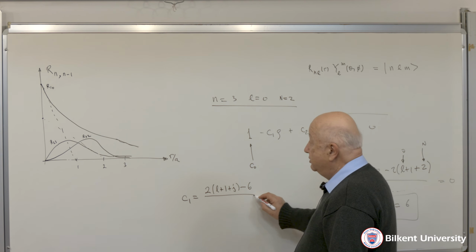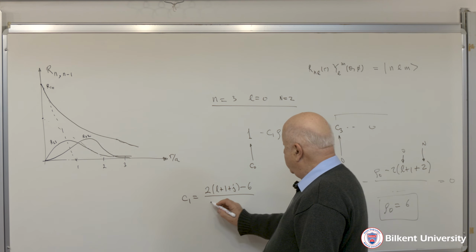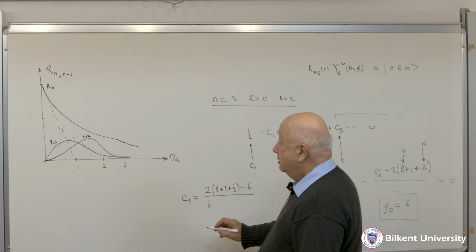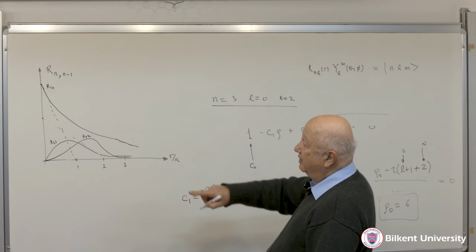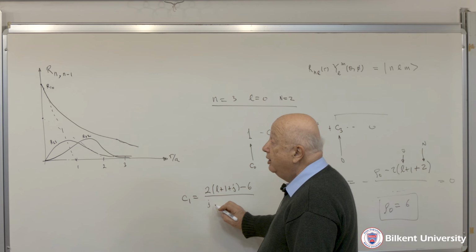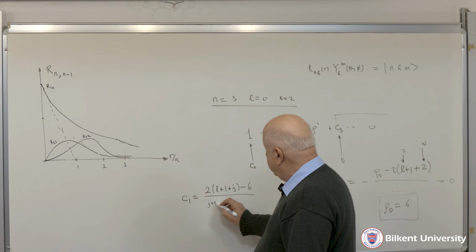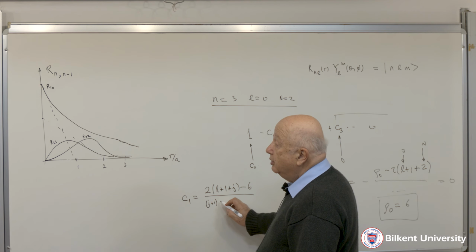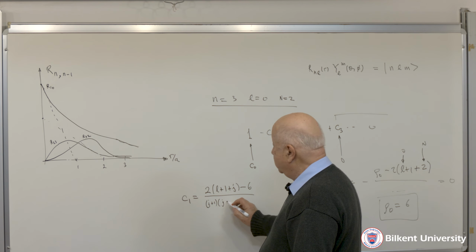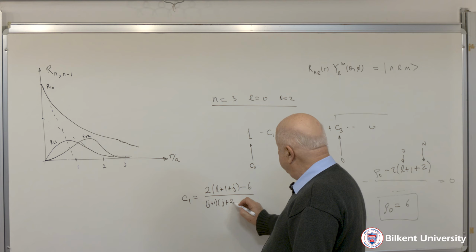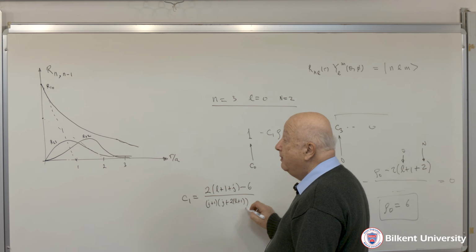And in the denominator, I have J, am I doing this correctly? I'm writing the upper equation, but that's okay. J plus 1, J plus 2L plus 1.